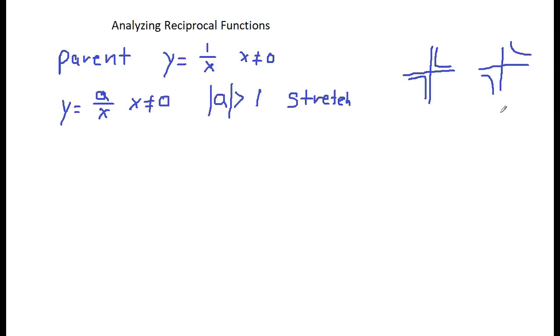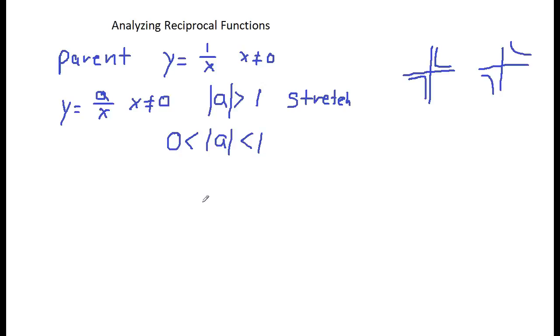Well, what if the absolute value of a is less than 1, and it also has to be larger than 0? In other words, a fractional value. So, when the absolute value of a is less than 1 but greater than 0, it's a vertical shrink.